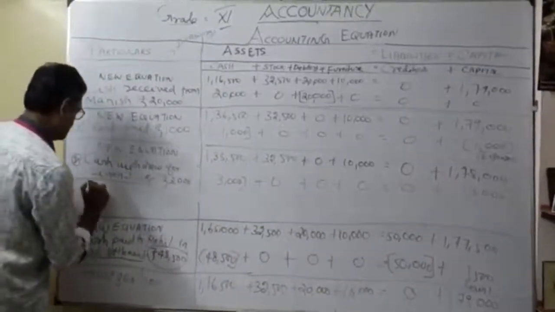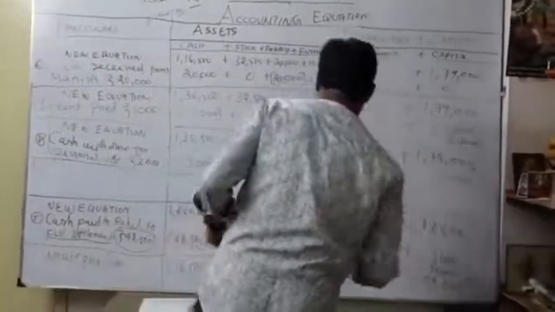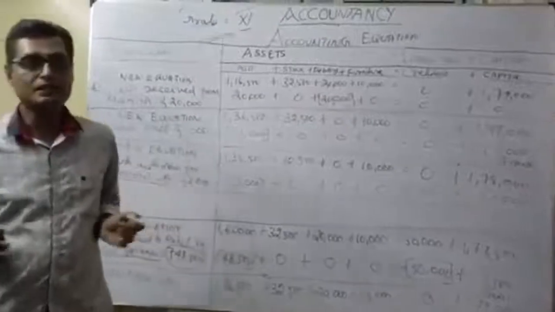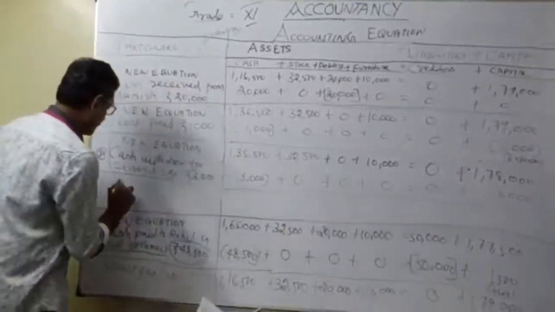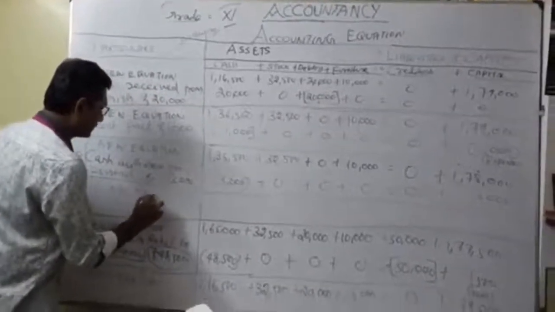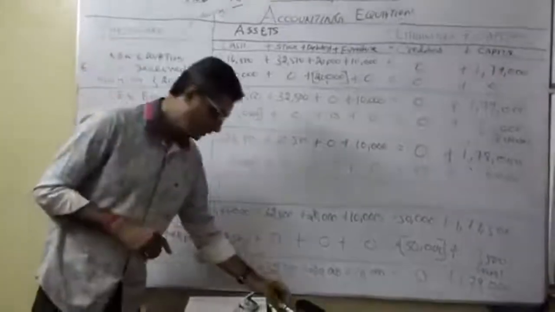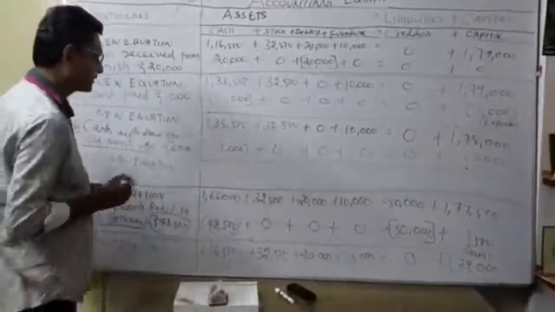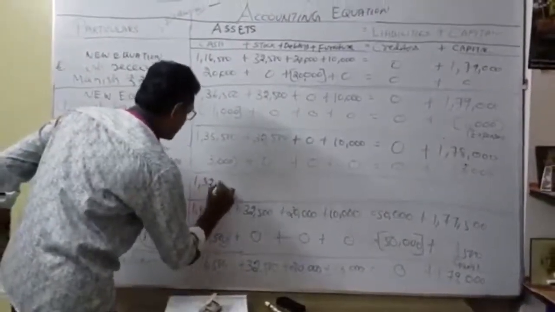So put a line. Everything is over now. Up to this we discussed the 8 transactions. So finally we can't say new equation, it is called the final equation. Now understood? Final equation, how much, sir? It's simple. Whatever your 1,35,500 was becomes 1,32,500.